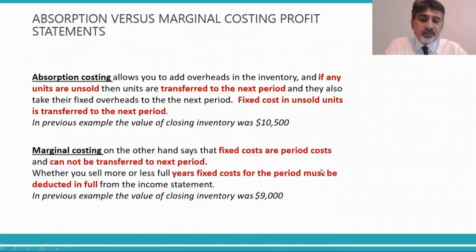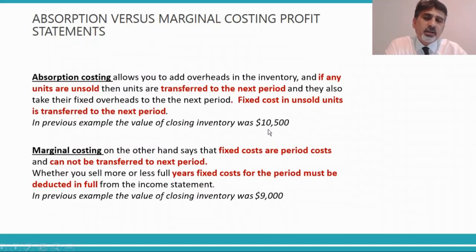So in the previous example, the value of closing inventory was 9,000 because 300 units multiplied by 30 was 9,000. Because here the 300 units you only valued at material $20 and labor $10. Fixed overheads you did not add. So the value of closing inventory was less in marginal costing and more here.